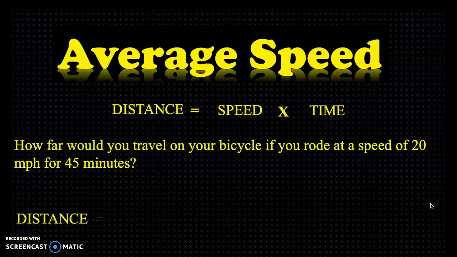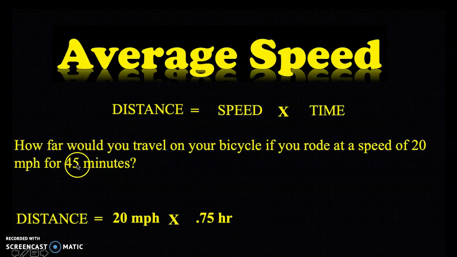So, I plug in my speed. My speed here was 20 miles per hour. I did this for 45 minutes. Now, something very important when doing your math or working out your problem. I need my units of time to be the same. So what I've done is I've taken 45 minutes and I have divided by 60 minutes per hour.